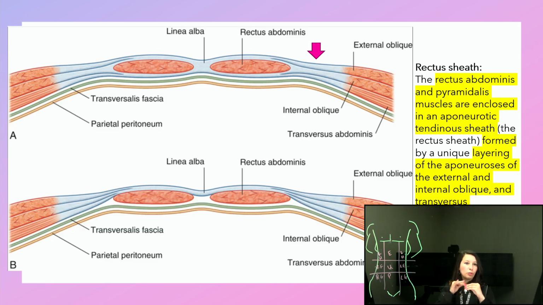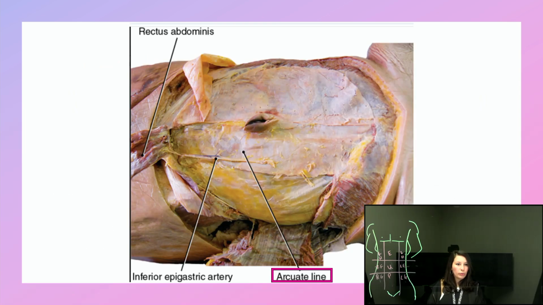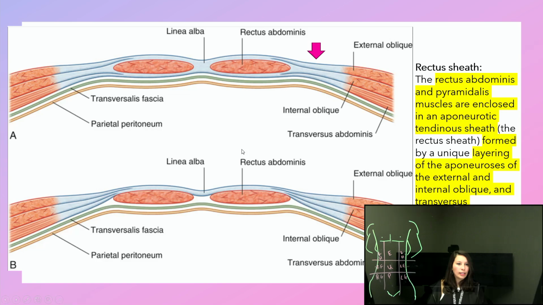I call it a sandwich because you have your rectus abdominis sandwiched in between the layers of the rectus sheath. Now, below that arcuate line, you're going to notice that all of the aponeuroses of those muscles only run anterior to the rectus abdominis, and posteriorly you won't see it.